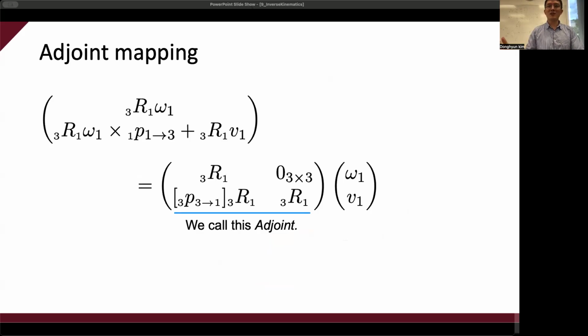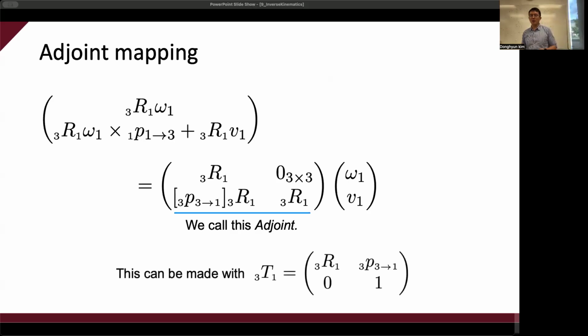Ta-da! You didn't realize that I just skipped through this P cross product part, right? One student actually asked me why this is P cross product R, because I keep saying omega cross product P gives us a linear velocity, right? Okay, anyway, all the terms we can see here can be extracted from the transformation matrix representing the frame change from 3 to 1.